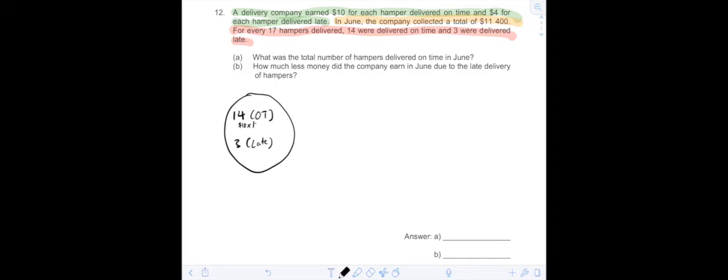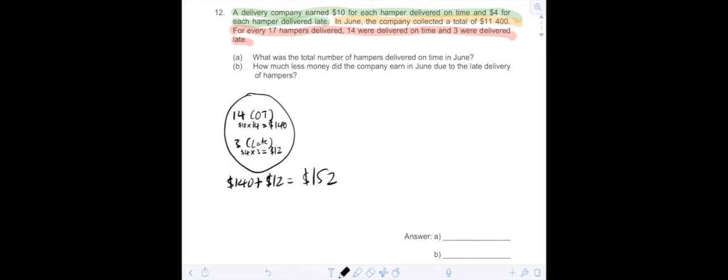So the total amount that they'll be getting from this will be $10 times 14, which equals $140. And for the 3 that's late, they are paid $4 only. So $4 times the 3 that were late, you will get $12. So the total inside one of these sets will be 140 plus $12. You get $152. So inside one set is $152.